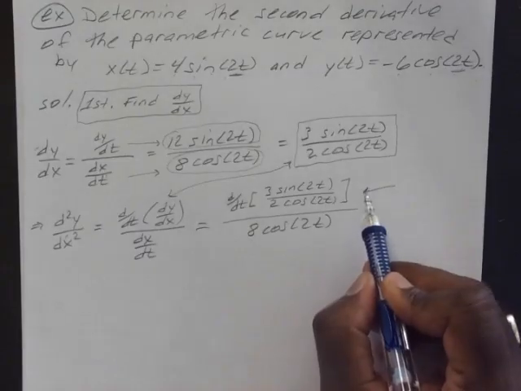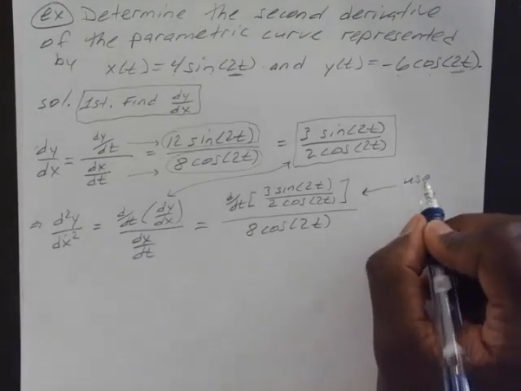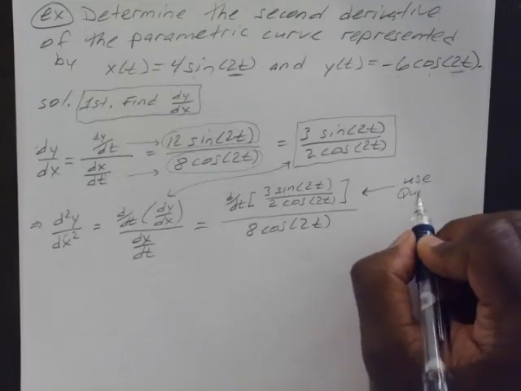Okay, so once again here, we know to find this derivative, we're going to have to use the quotient rule.